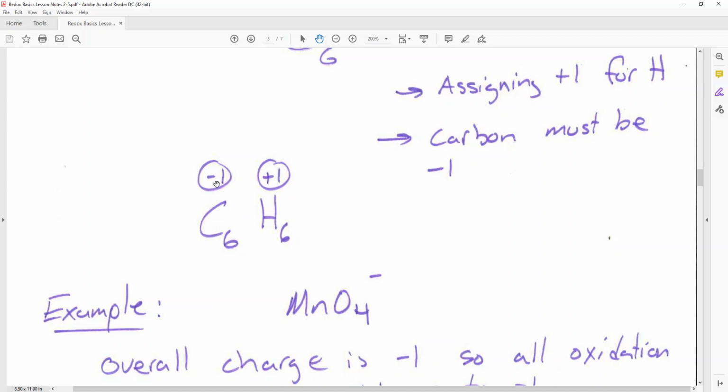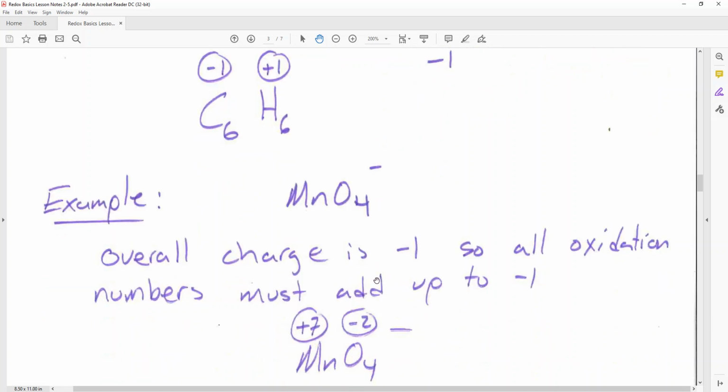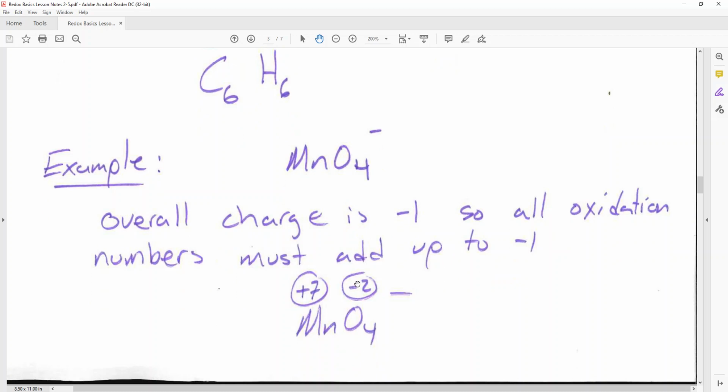Okay. So let's do an ion like permanganate. This is not a monatomic ion. This is one of our polyatomic ions. So it's got manganese and oxygen. If I want to assign the oxidation states to each atom here, I have to understand that the overall charge is -1. So all the oxidation numbers have to add up to -1. Well, we would give oxygen, which is the most electronegative element in this ion, a -2.